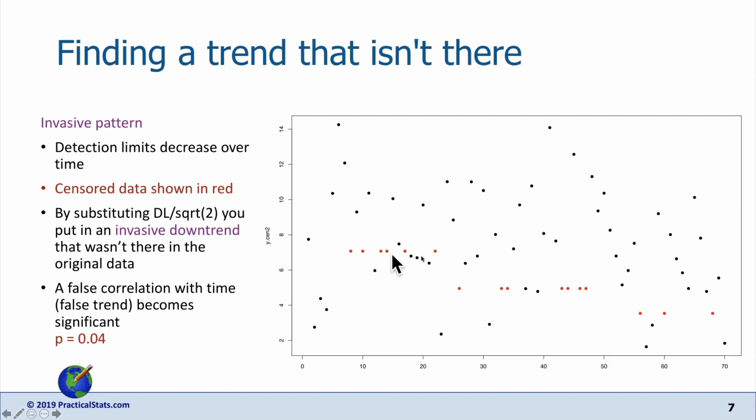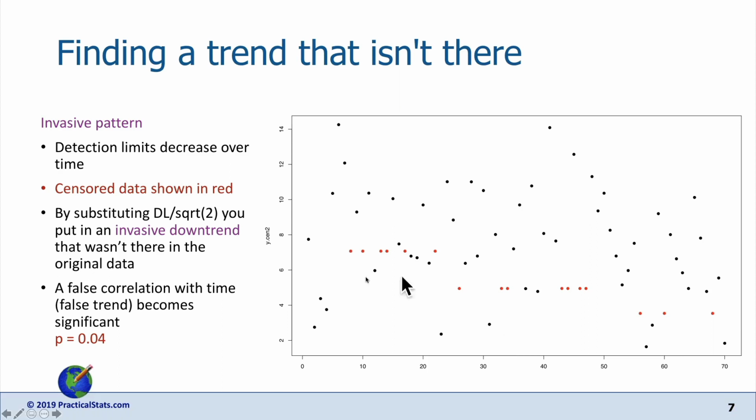The red dots here that you see are the non-detects going down over time, but now they are less than 10, less than 7 and less than 5. And I've put in 10 over the square root of 2, 7 over the square root of 2 and 5 over the square root of 2. So that creates an invasive downtrend, one that was not there in the original data.